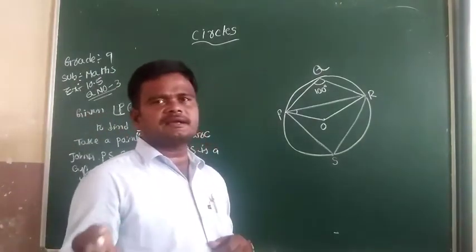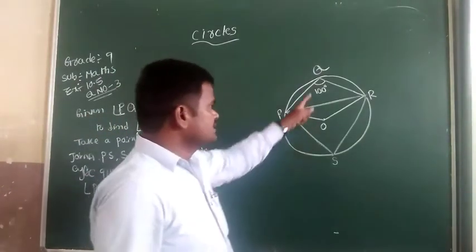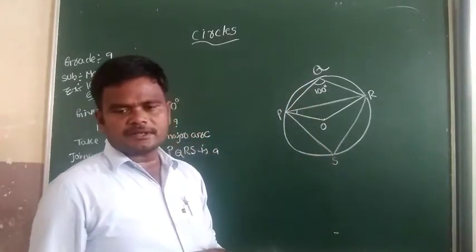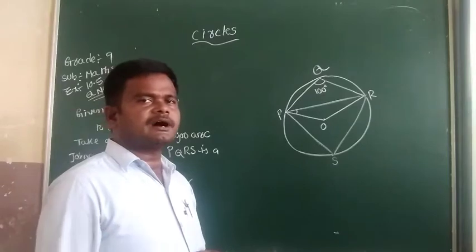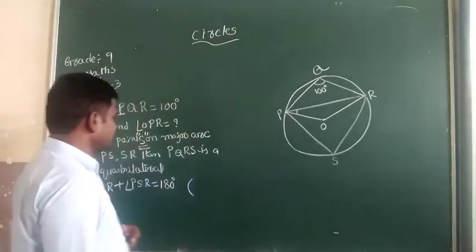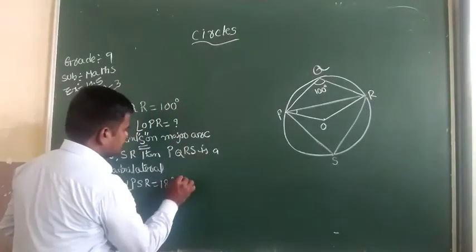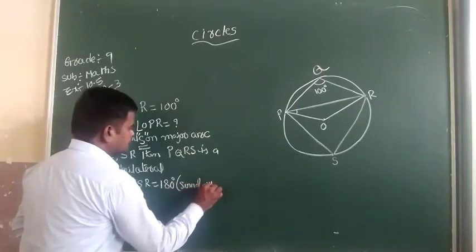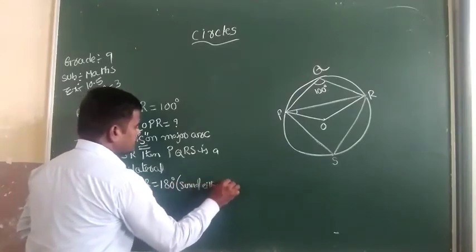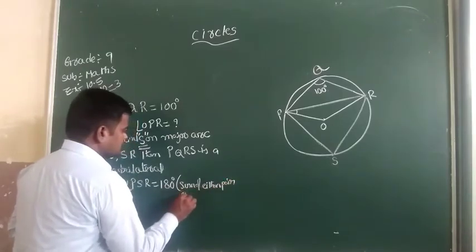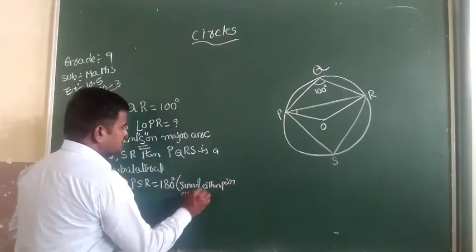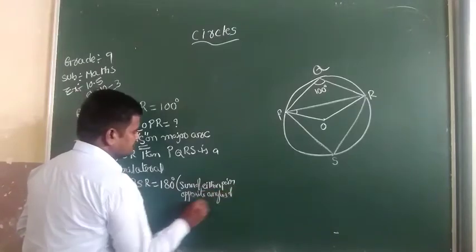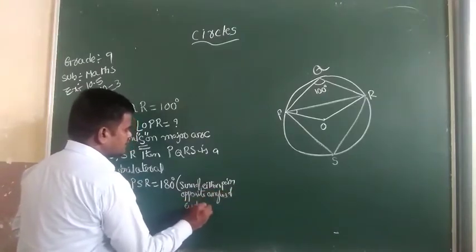The sum of either pair of opposite angles of a cyclic quadrilateral is 180 degrees. So you have to write here: sum of either pair of opposite angles of a cyclic quadrilateral.